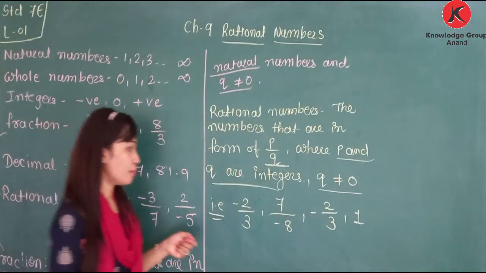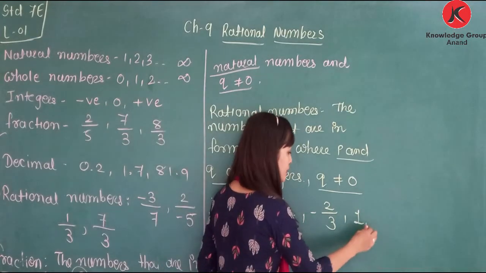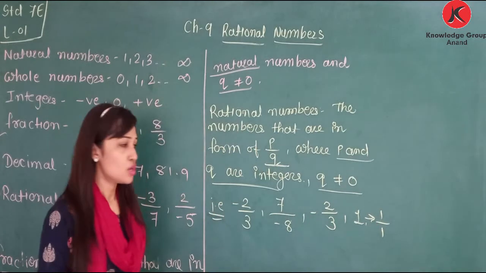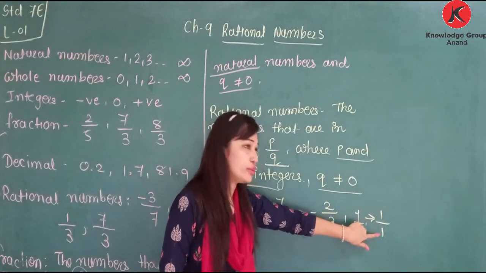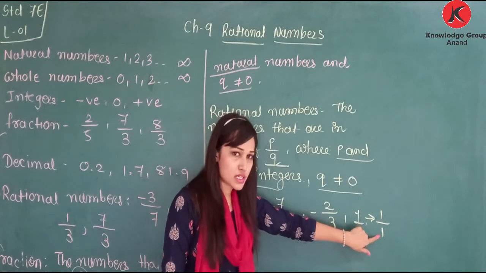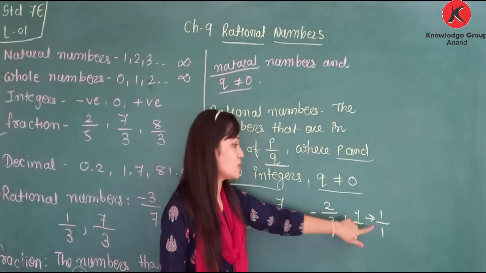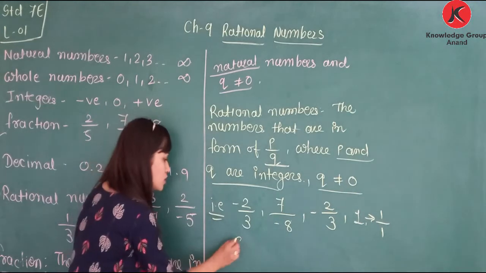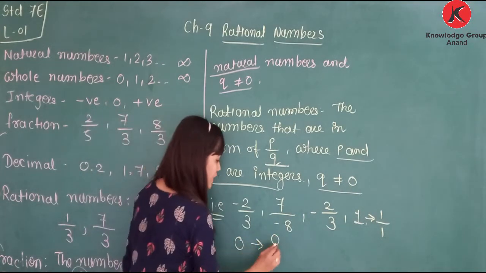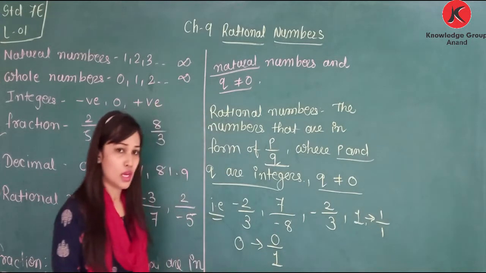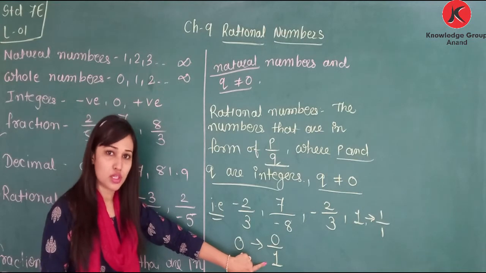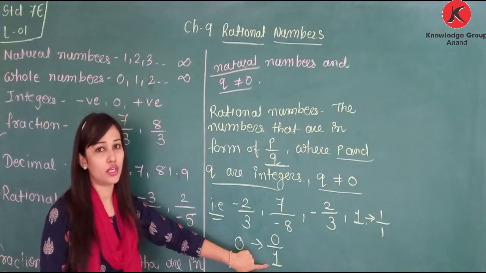Why? Because if we consider 1, then there is always 1 in a denominator with every number. So here our P is 1, Q is 1, both are integers, and Q, that is denominator, is not equal to 0. So 1 is also a rational number. 0 is also a rational number. Why? Because we can write it as 0 by 1. P, that is integer. 1, that is also an integer, and Q, that is 1, is not equal to 0.